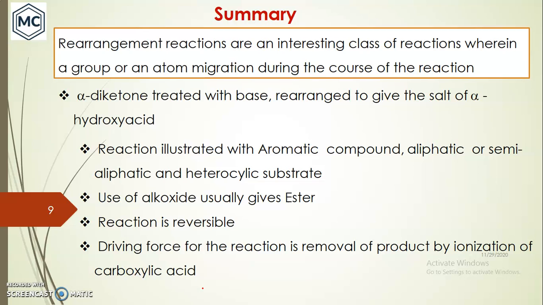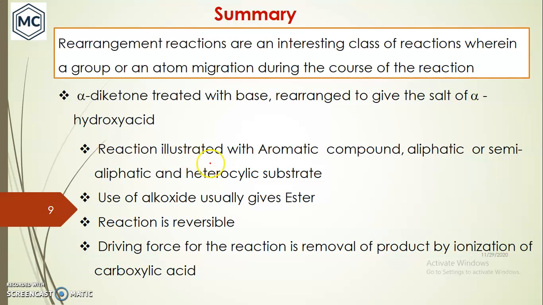So in summary, rearrangement reactions are an interesting class of reaction wherein a group or an atom migrates during the course of the reaction. In the benzilic acid reaction, an alpha diketone is treated with base and rearranged to give the salt of an alpha hydroxy acid, and this is finally acidified.